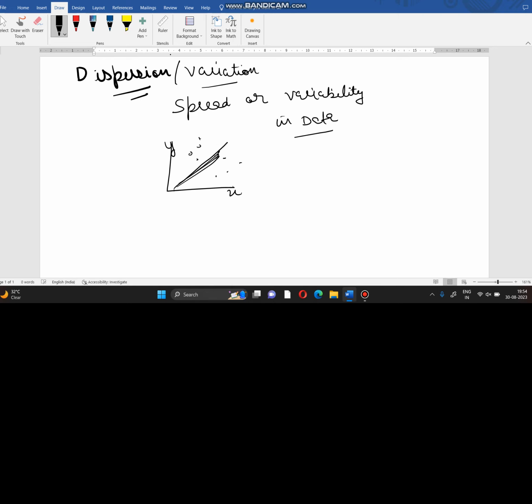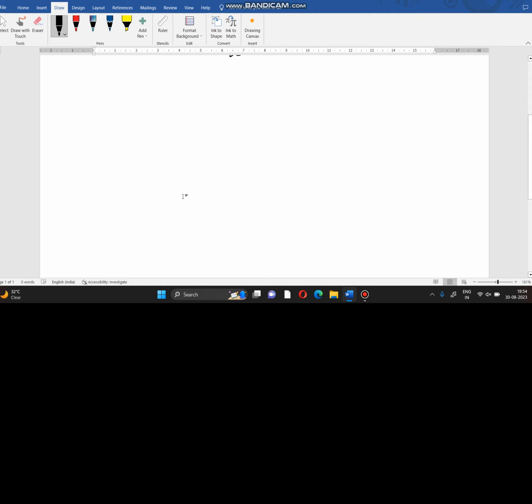So here we talk of spread, or you can call it variability in the data. It is determining how spread out the scores are around the mean point.